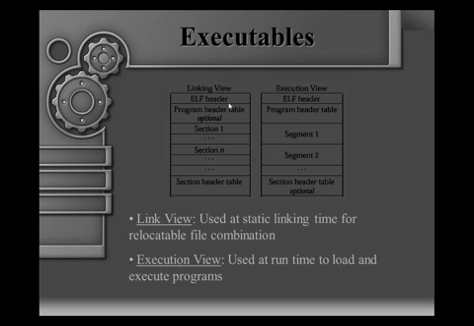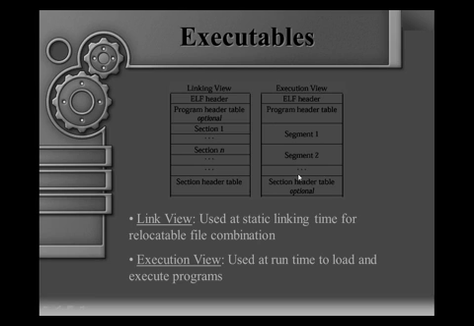There are two types of executables. In the executable file the program header table is not optional, but in linking view it is optional. And the first field is the same, that is your ELF header. Then there are multiple sections in the linking view: section 1, section 2, section 3 up to section N. And in the execution view there is segment 1, segment 2, segment 3 and so on.